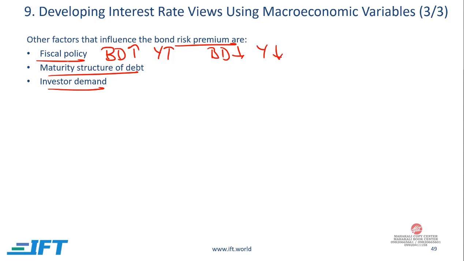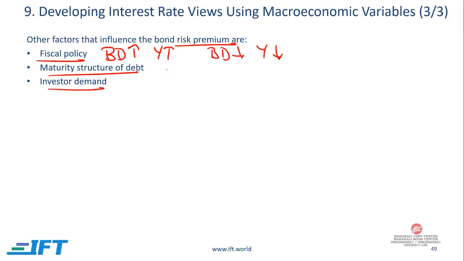With respect to the maturity structure of debt, longer-term government debt maturity structures are associated with higher excess bond returns. The increased supply of long-term maturity bonds raises the yield in that market segment.